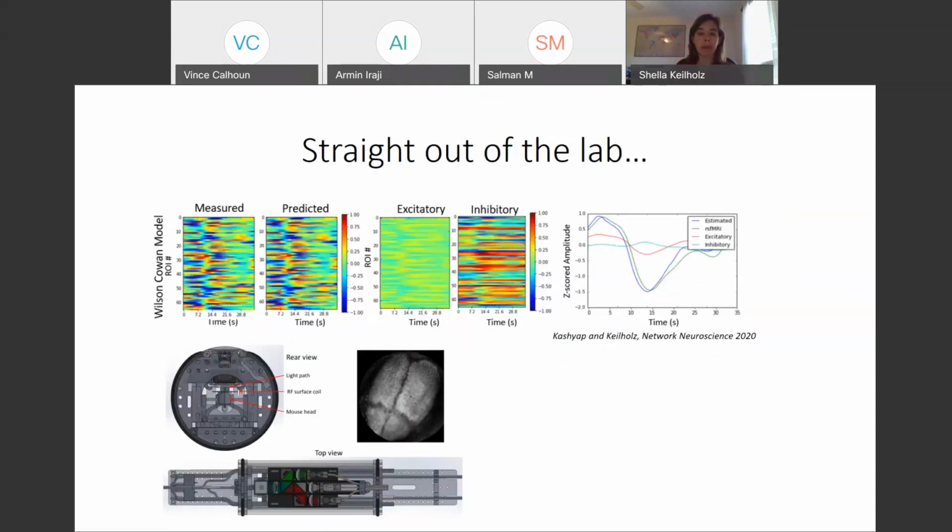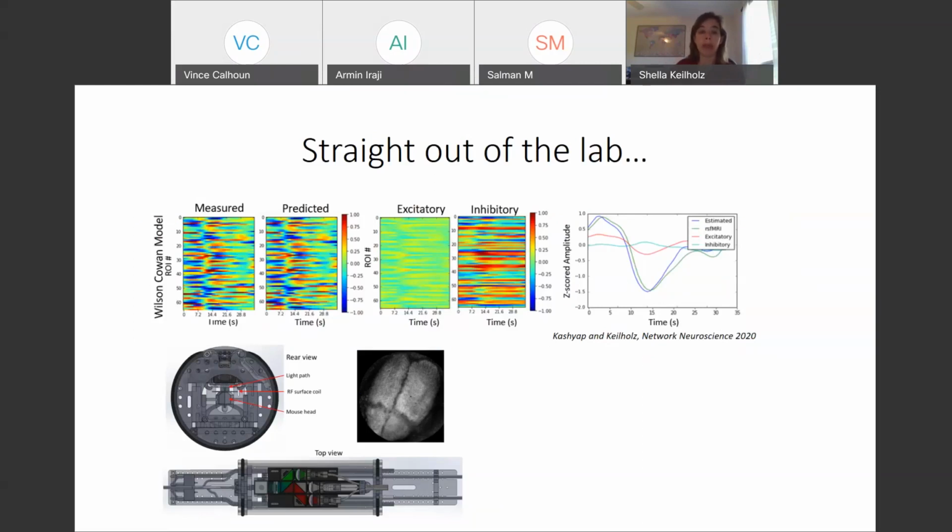So I just wanted to put in one slide to show you what we're working on now. We're trying to get a method going where we can validate what we see in fMRI against optical imaging, which is exciting because with optical imaging, you can directly label inhibitory neurons, for example, or excitatory neurons and look at those currents.